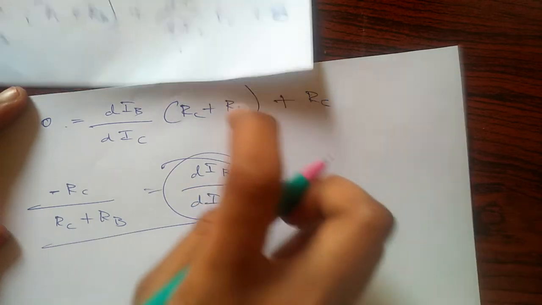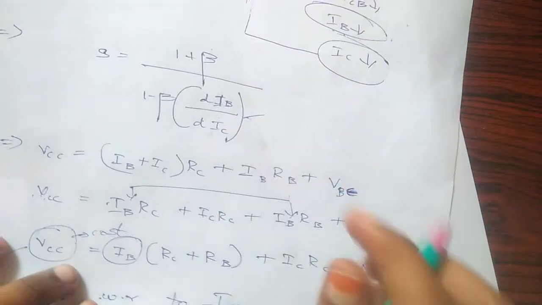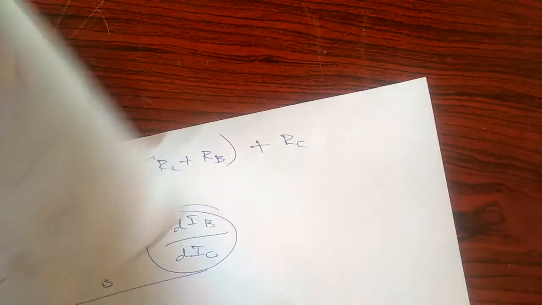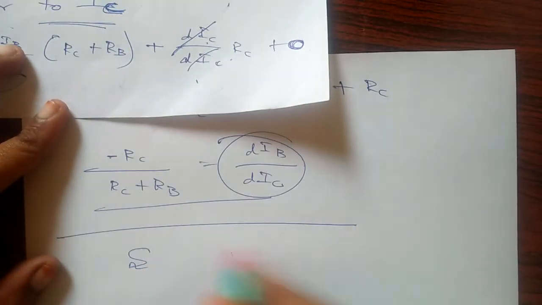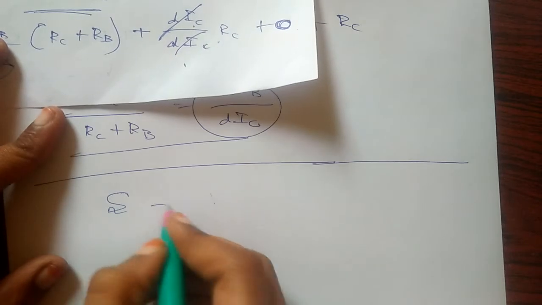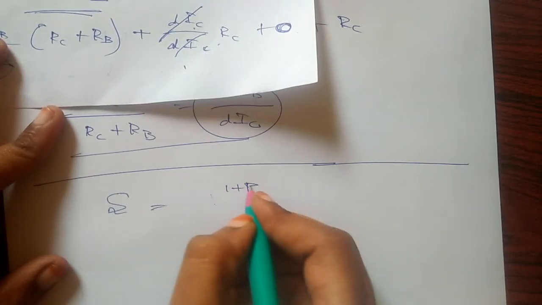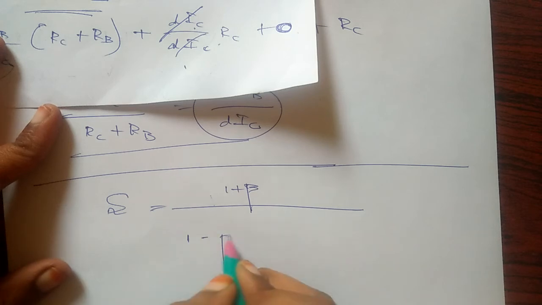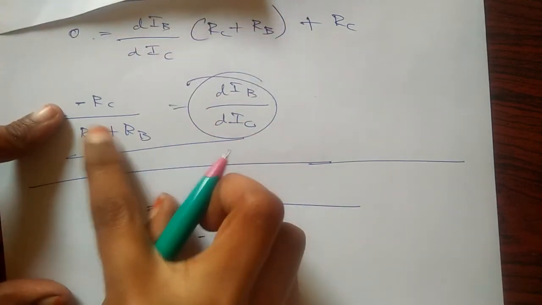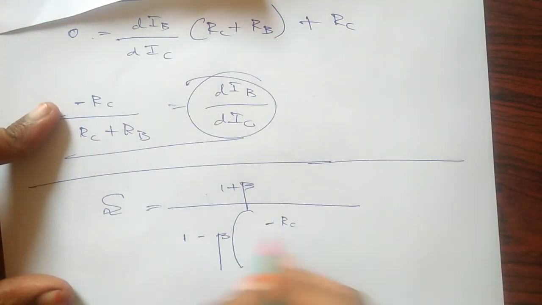Let us substitute this in this equation to get the stability factor in collector to base bias. Then the stability factor, here we have (1 plus beta) by (1 minus beta of minus RC by RC plus RB).